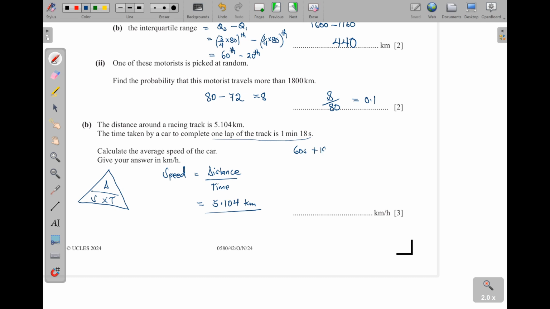Now plus the 18 seconds, these are 78 seconds. And in 1 hour, we have 60 minutes, but each minute is equivalent to 60 seconds, which is equal to 3,600 seconds. That means when I'm dividing here, I have to divide the time given in hours. So I'll get 78 divided by 3600.